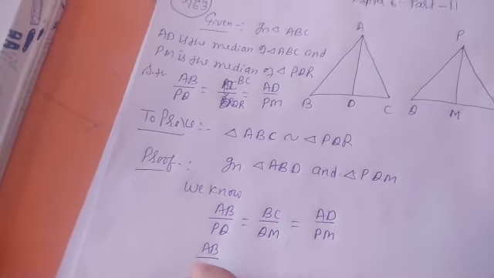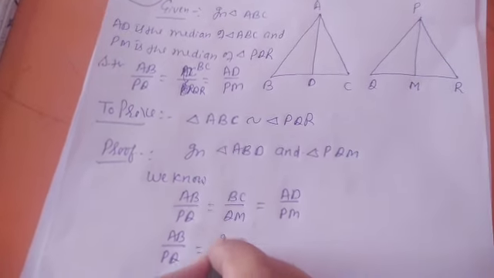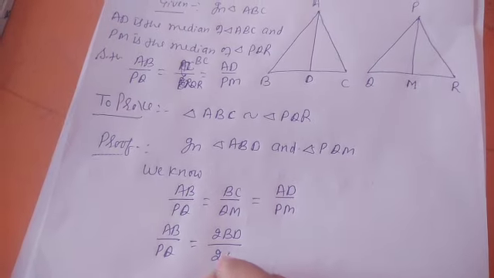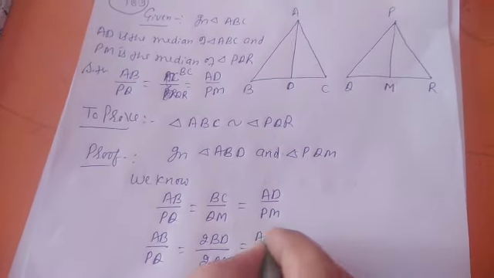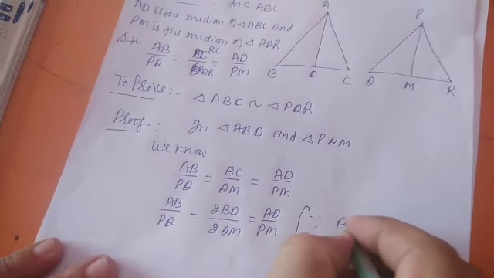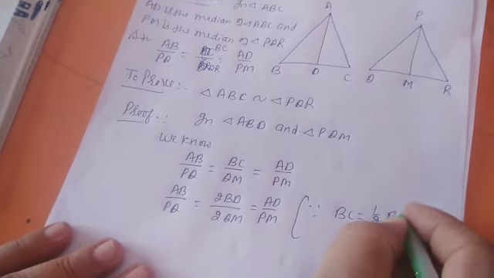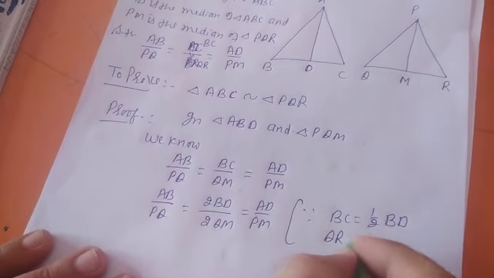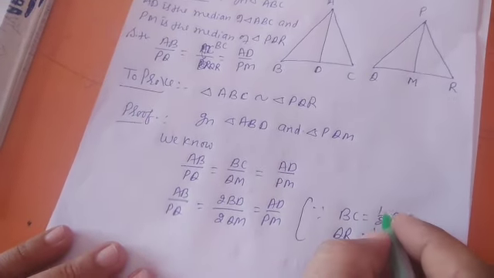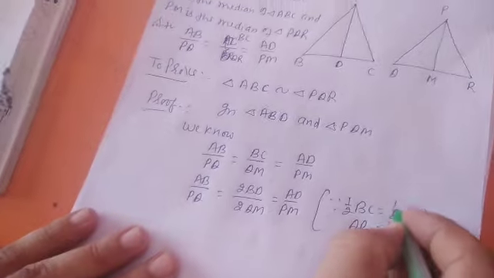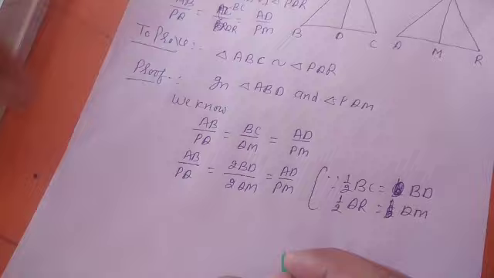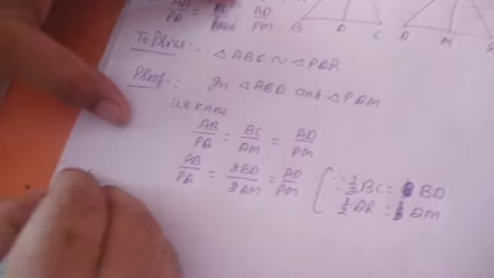AB by PQ is equal to twice BD by twice QM is equal to AD by PM. Here BD is half of BC, and QM is half of QR. It's given, because AD and PM are the medians.